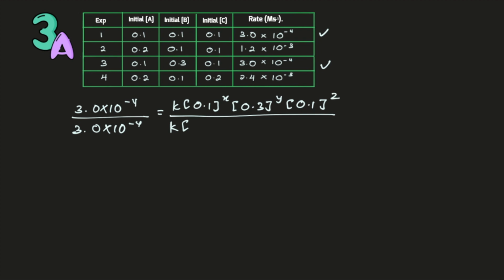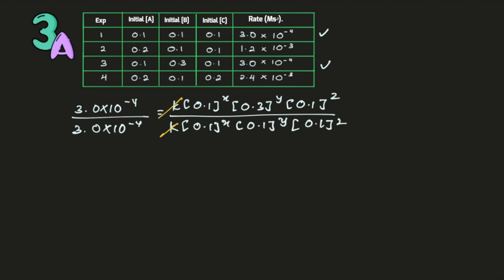So we are going to do the same for experiment 1, so 0.1 for every one of them. Right. So next up, we are going to cross out the things that are identical.